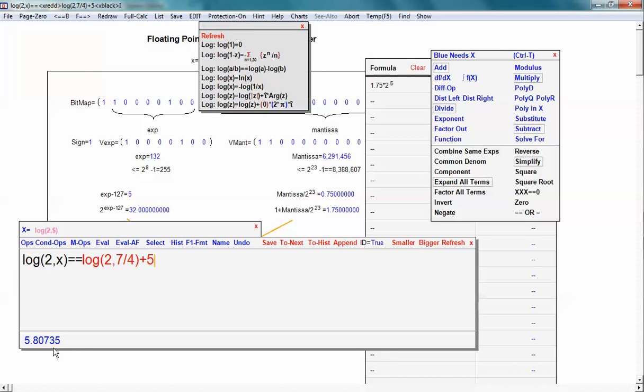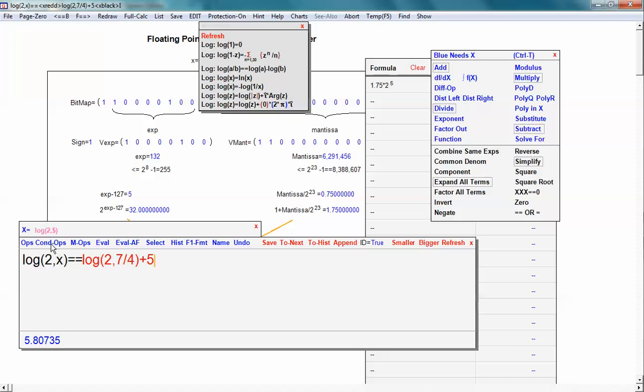Notice it's 5.8073. It's got the 5 in it that I'm looking for plus some number which is less than 1. And this has got to be less than 1 because the mantissa, remember the mantissa is always less than 2, so the log to the base 2 is always less than 1. So this part here is always going to be less than the next integer.